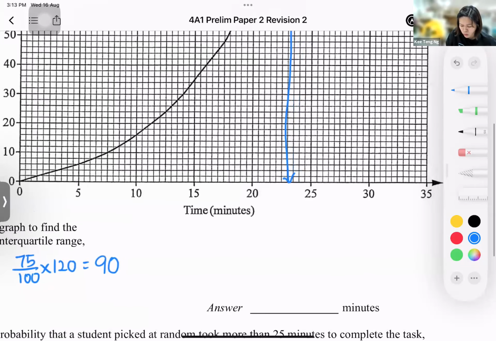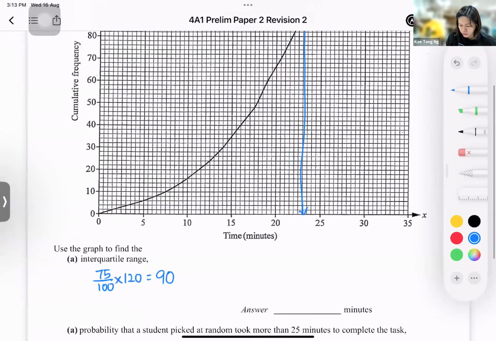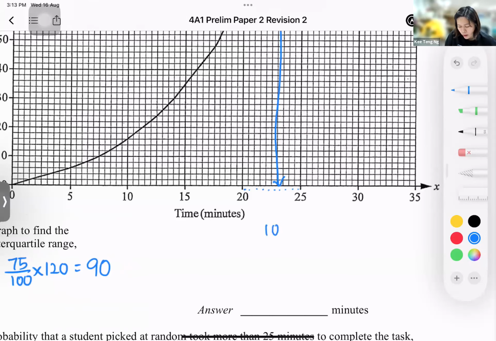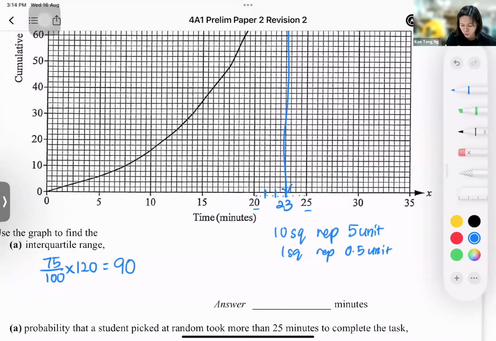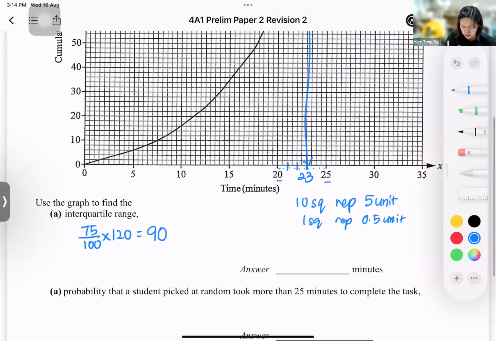We check: 1, 2, 3, 4, 5, 6, 7, 8, 9, 10. 10 squares represent the jump from 20 to 25, 5 units. So one small square represents 0.5 of a unit. So this is 21, 22, 23. My upper quartile is the number 23.